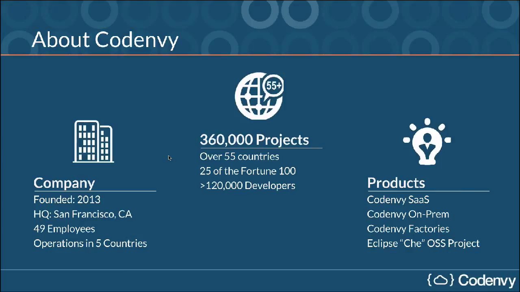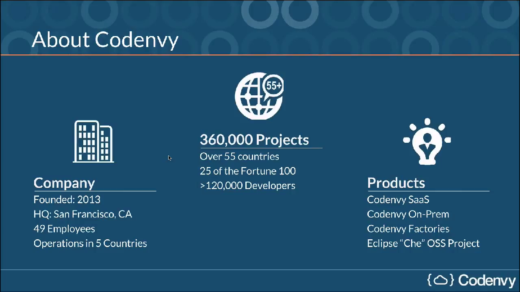We are also the founders of the Eclipse Che project. If you go to Eclipse, you can see the Che project there, but it is essentially a kernel and set of libraries for building your own cloud development tooling. It's a key component of the Eclipse cloud development top-level project that we are part of, along with SAP, Pivotal, IBM, and others.